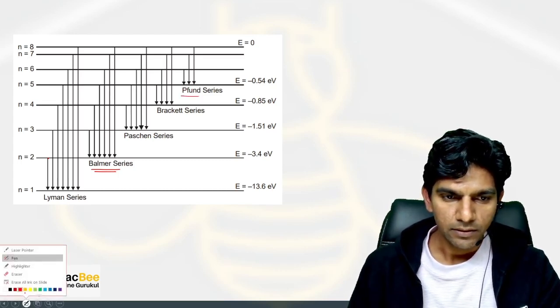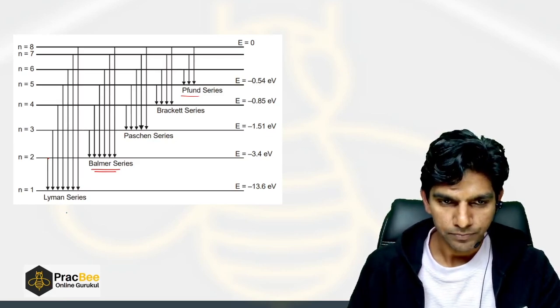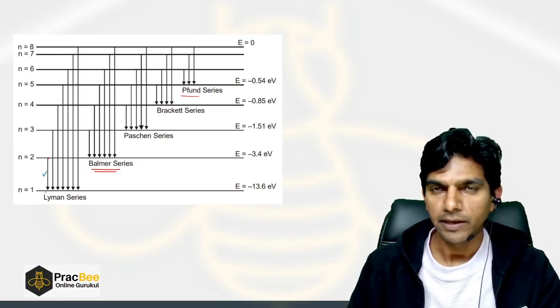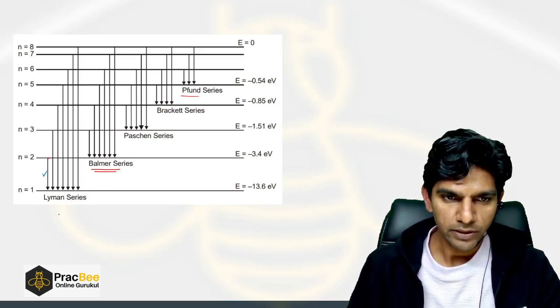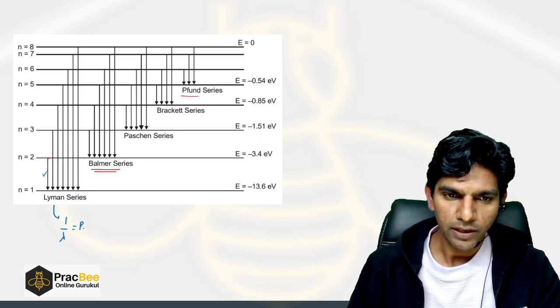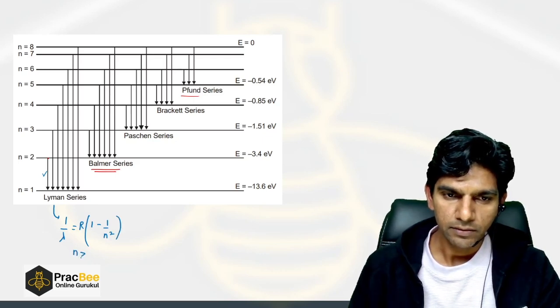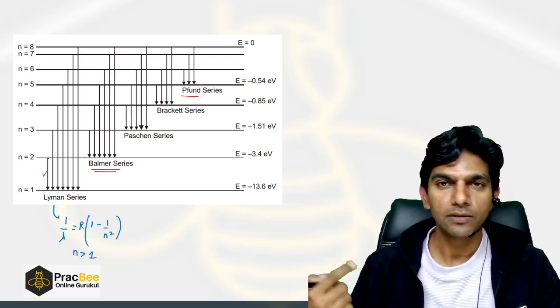Now let us see how we can calculate the wavelength of different lines in these series. Now the first line we will call the first line of the series, and the last line is known as the limiting line. So let us see. For Lyman, 1 by lambda is equals to R times 1 minus 1 by n square, where n is greater than 1. n can be 2, 3, 4. So if n is 2, we will get the first line.